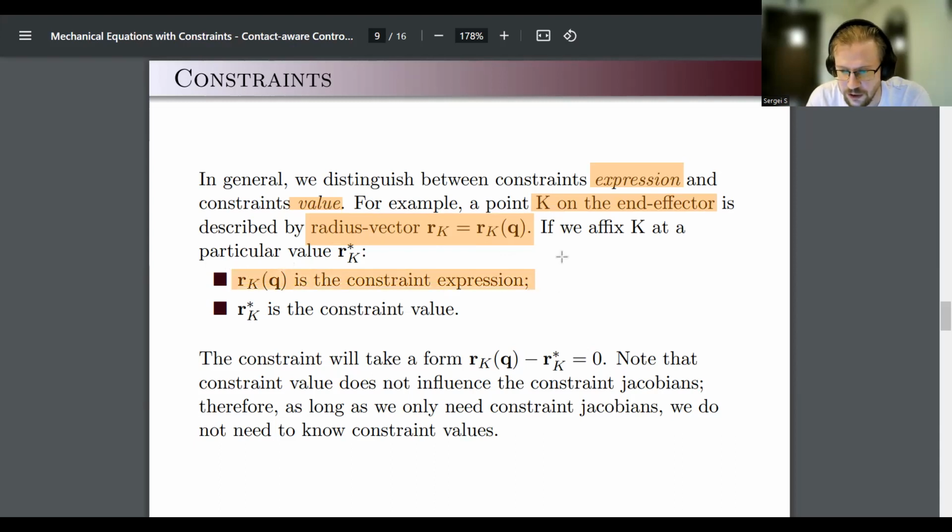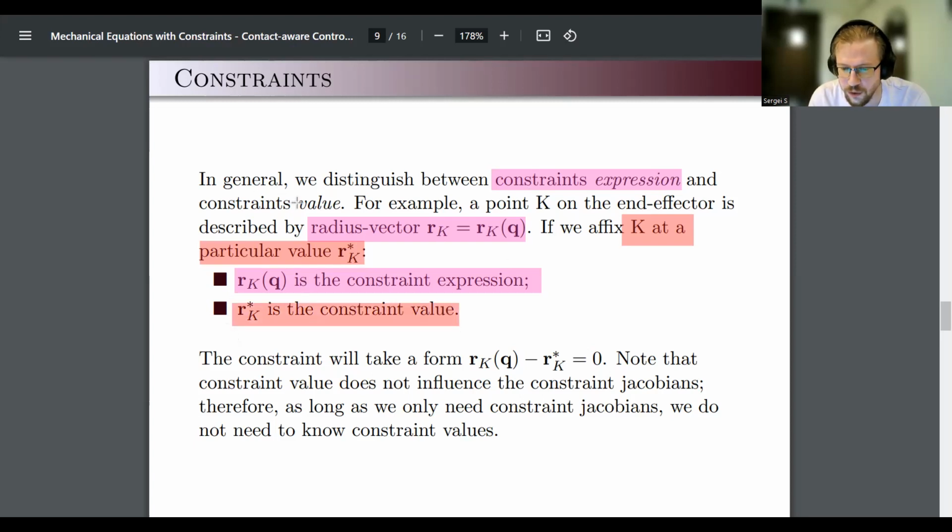Let me color code a little bit. This radius vector rk as rk of q, that is a constraint expression. On the other hand, if we affix this k at a particular value, rk star, that rk star would be a constraint value.